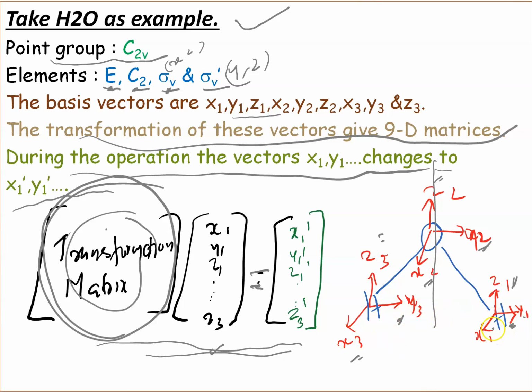That is, x1 becomes minus x3 and y1 becomes minus y3. Z1 is equal to z3. And z2 is equal to z2. During rotation by 180 degrees, y2 becomes minus y2 and x2 becomes minus x2. You can see here.